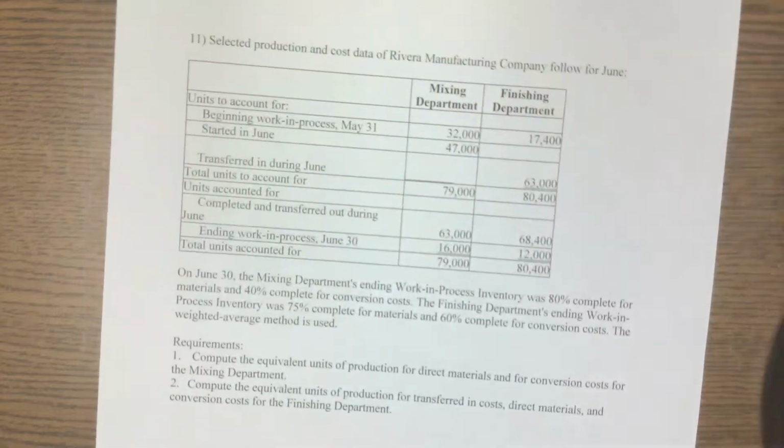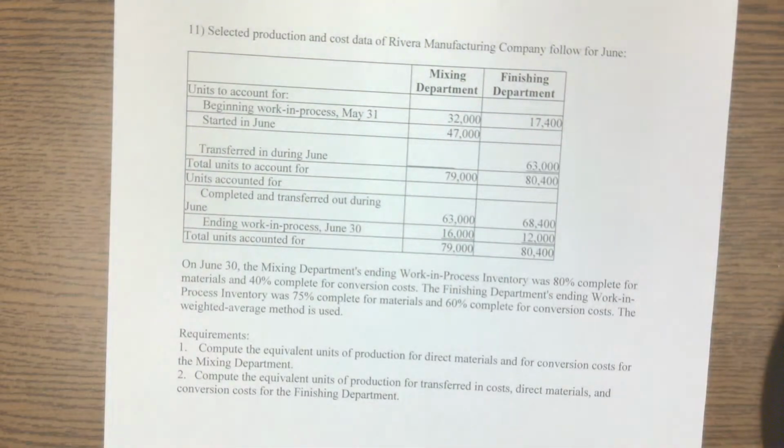And this is our last problem. So we've got job order costing, we've got process costing, we've got cost allocation.